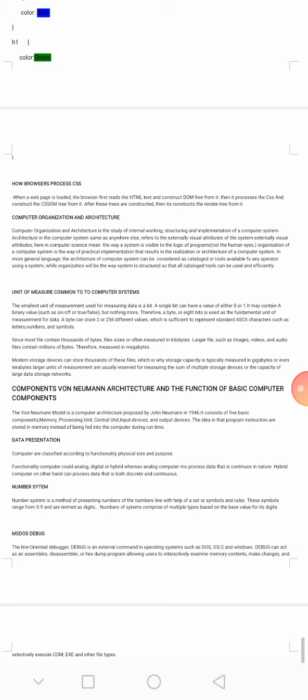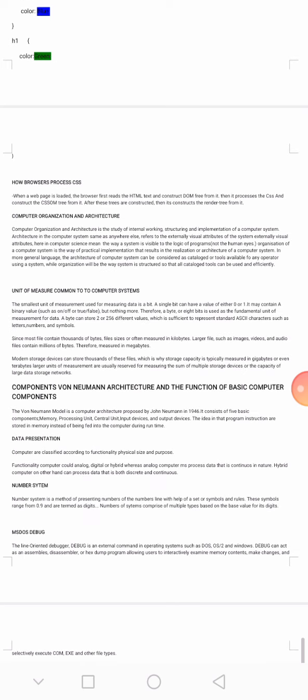Since most files contain thousands of bytes, file sizes are often measured in kilobytes. Larger files such as images, videos, and audio files contain millions of bytes, and are therefore measured in megabytes.